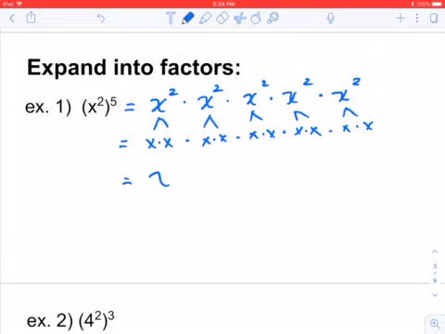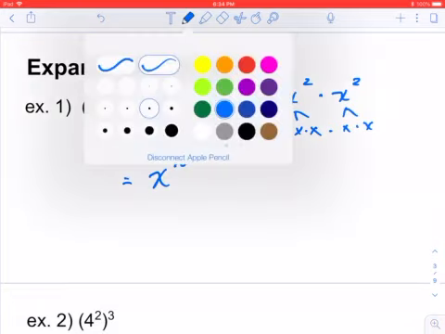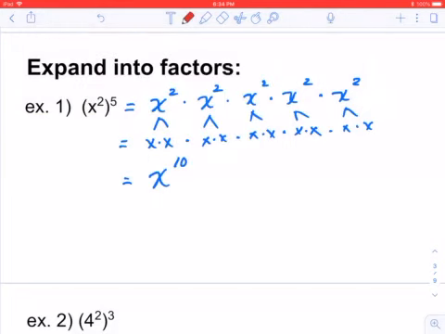So when you're all done counting up how many times you used x as a factor, you used it 10 times. Take a look at the exponent you finished with, and take a look at the exponents you started with, and start thinking about what the shortcut might be. And our shortcut's going to be our rule. Okay, let's move on.